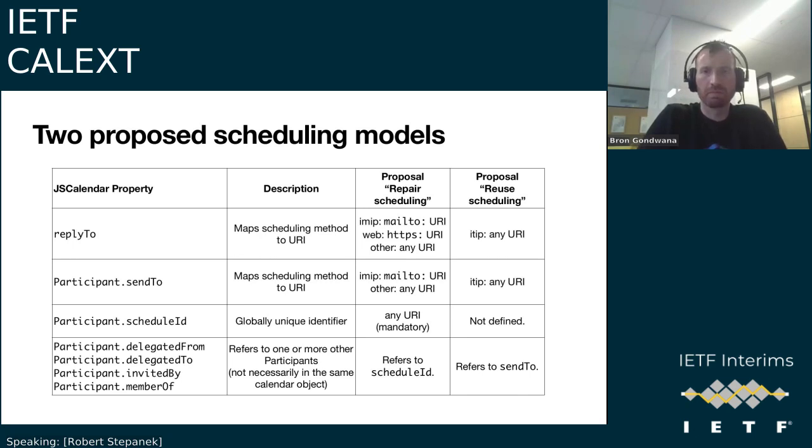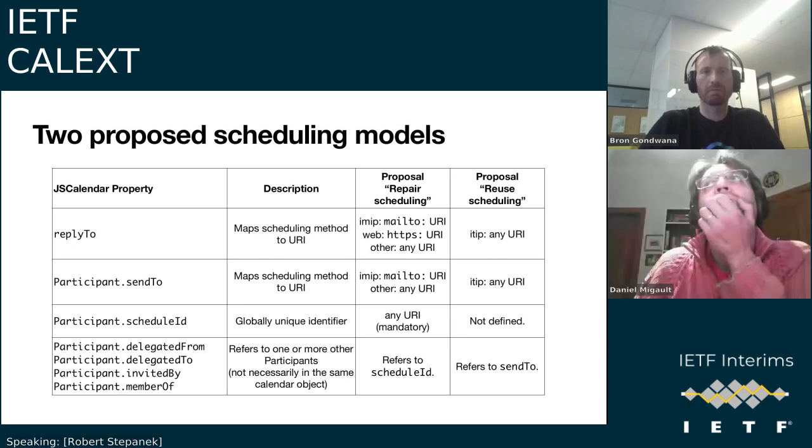That's really just what's there in iCalendar mapped to JS Calendar, with the exception that we make room for adding additional scheduling methods later on. So they're not completely mutually exclusive, but as you can see, they differ in how they begin.